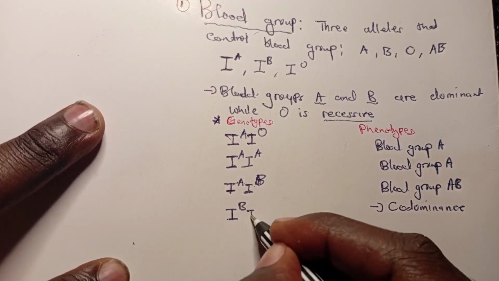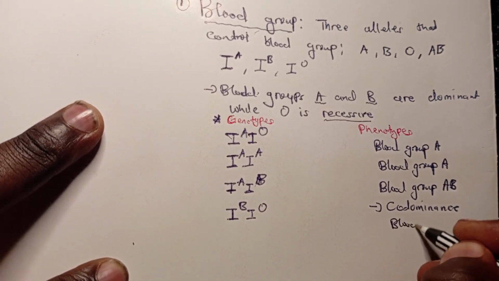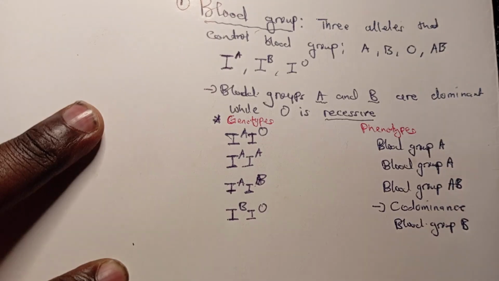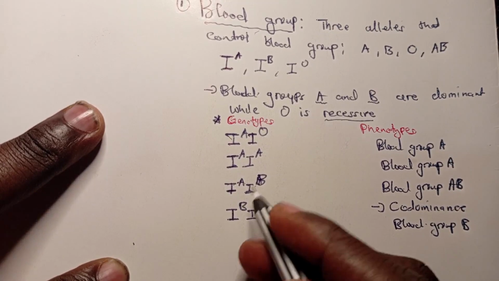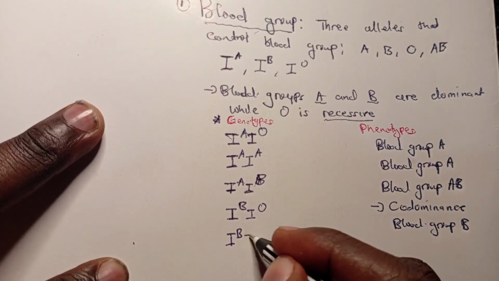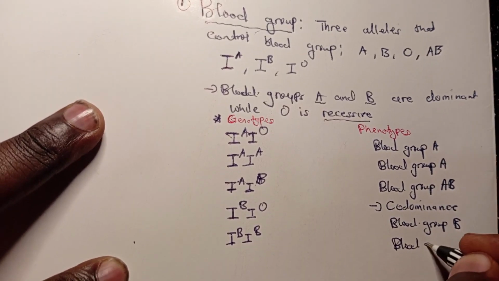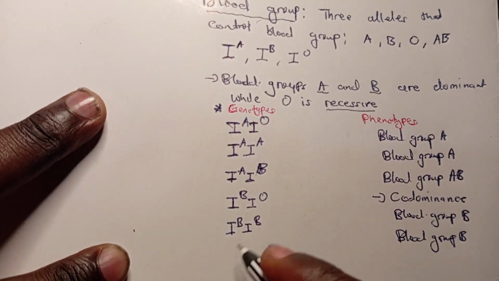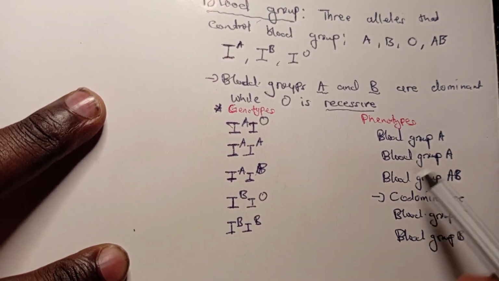If it's B and O, this is referred to as blood group B. And if you have B, another B from both parents, this also is blood group B. And then now for O to exist, you notice O is there, but it's recessive.